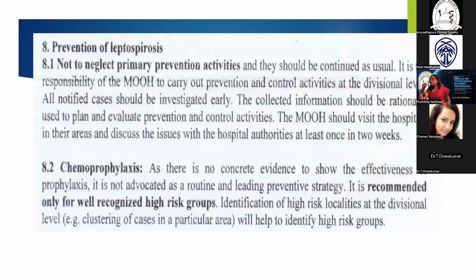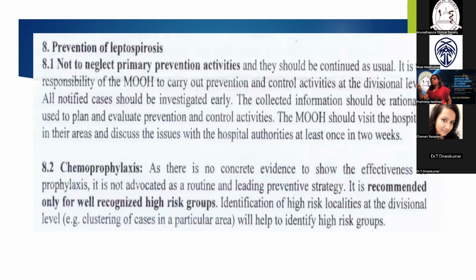And also regarding the chemoprophylaxis, everyone thinks, now I showed you one slide saying that only 3% have taken the chemoprophylaxis, but chemoprophylaxis we are supposed to give to high risk areas only. As per our clinical guideline, we have to select the places where there were previous cases.